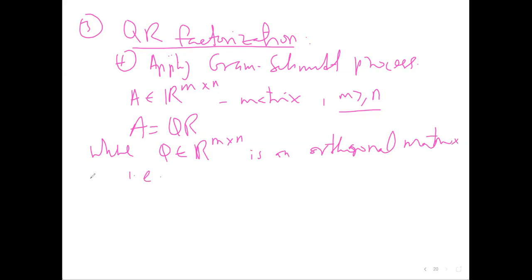By orthogonal, I mean Q transpose Q gives us identity, while R is a rectangular matrix.